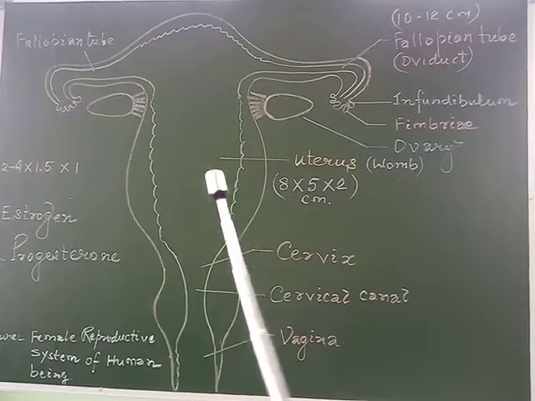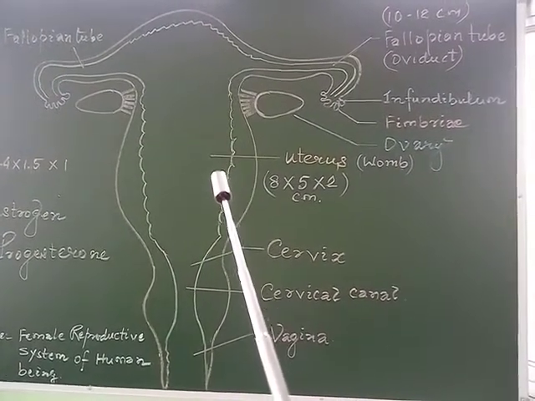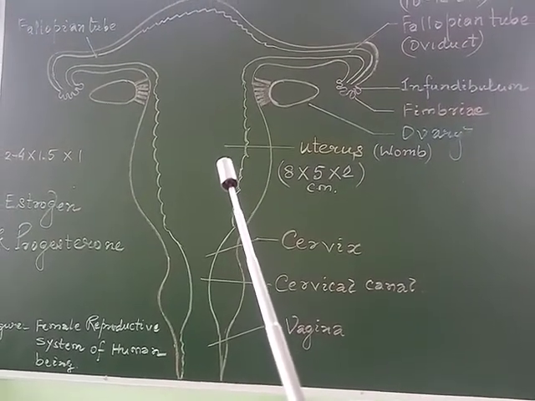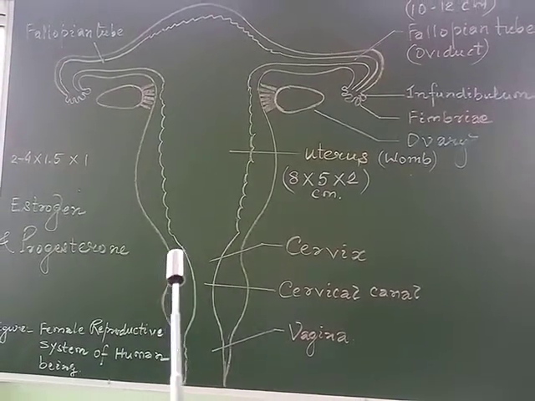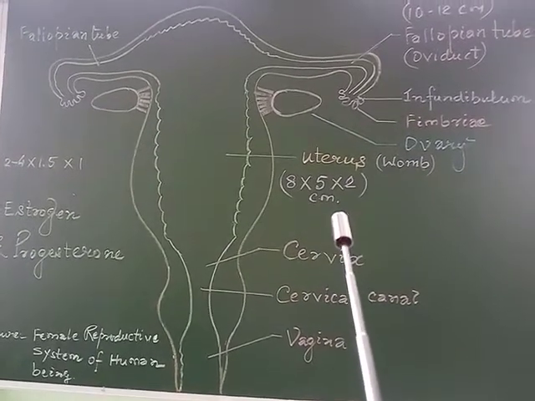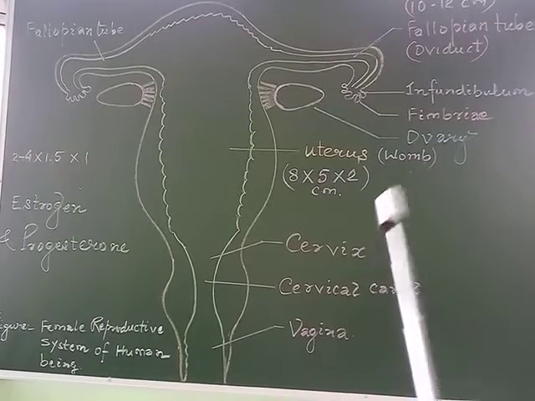It lies in the pelvic cavity between the urinary bladder and rectum. Its dimensions are around 8 centimeters long, 5 centimeters wide, and 2 centimeters thick.